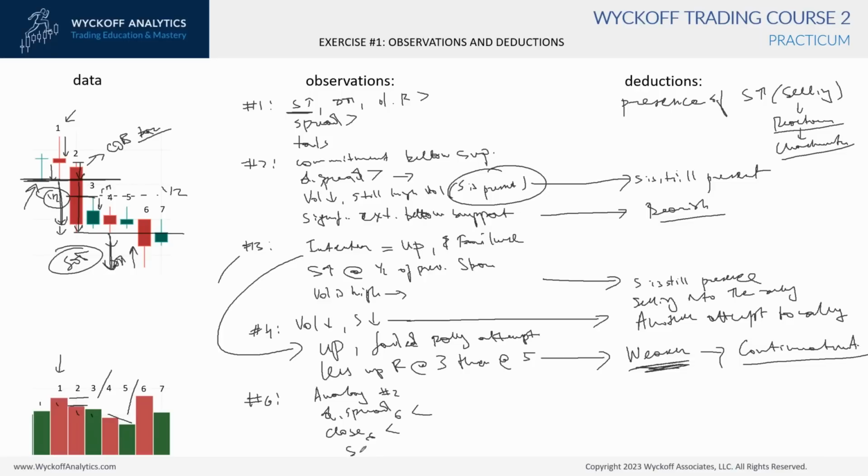So there's shortening of the thrust, diminished spread, diminished close, the demand tail itself, and also an increase in the volume signature, the spike, is suggestive that there is a presence of the demand. Okay, so a presence of demand should produce what? The presence of the demand is a suggestion for what next price action? A rally, correct. This is our deduction.